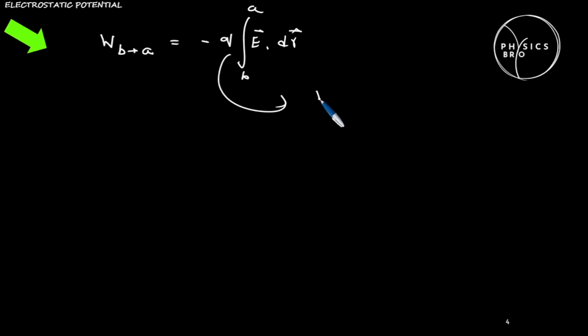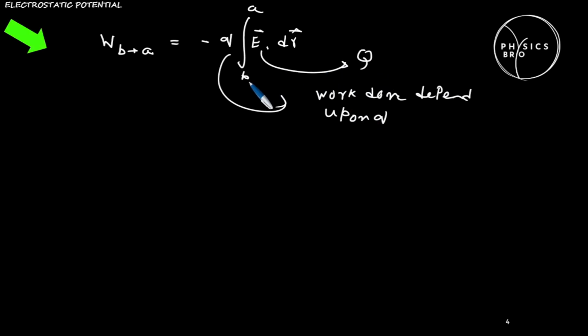Work done depends upon the test charge, the small q. This E is generated by Q, the source, and this small q is our field point charge, or any charge maybe.